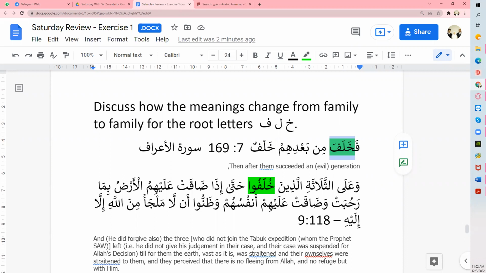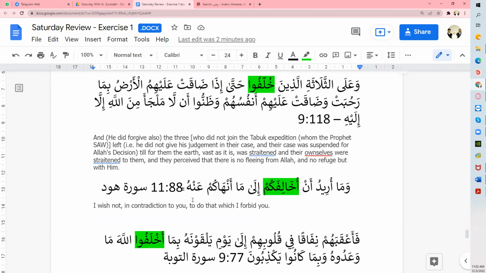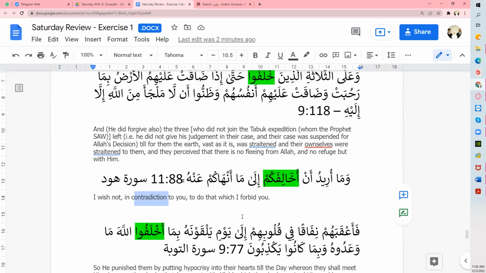But when you put it in other families, for example, into family 3, it becomes something else. The meaning becomes something else. See? The meaning actually changes. That's where you have hilaf, right? So then it comes to be like that.